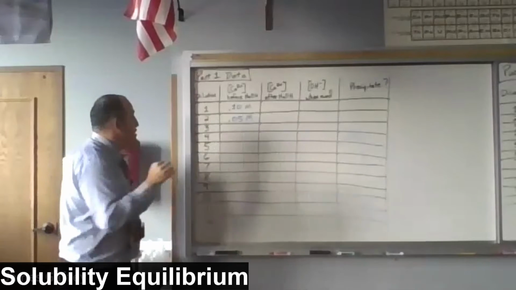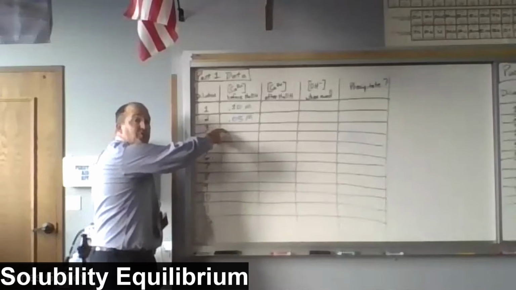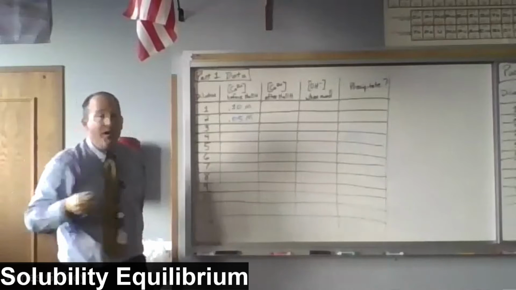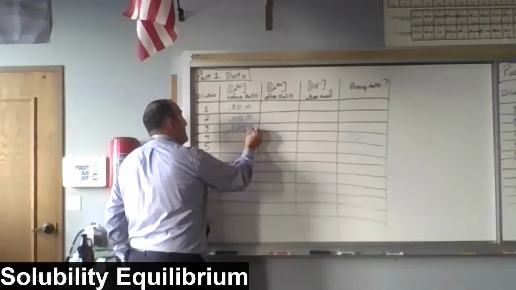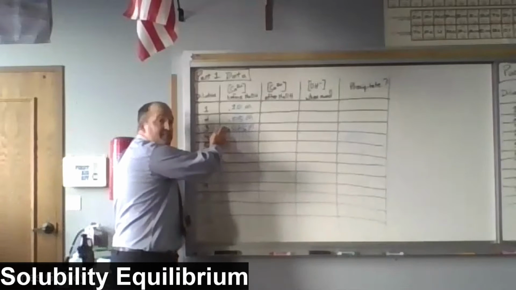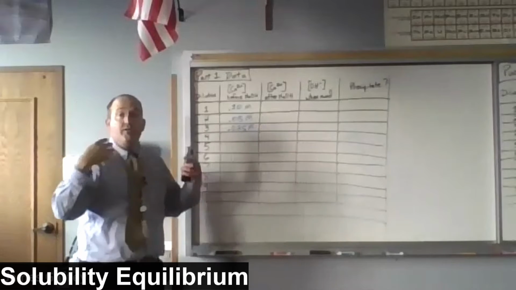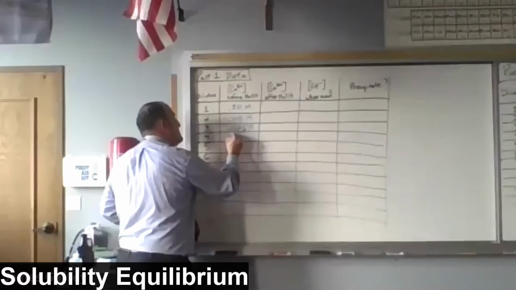In well 3, you took 5 drops of the contents of well 2 and added that to 5 drops of water. So it would be half as much again, 0.025. In well 4, it was 5 drops of the contents of well 3 mixed with 5 drops of water. So the concentration again gets cut in half to 0.0125.